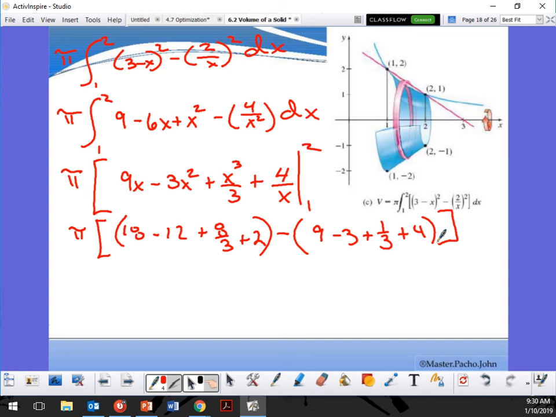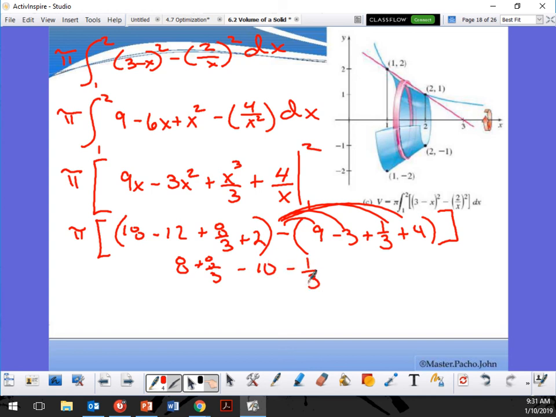As I distribute the negative, I'm going to change all those signs. Actually, let's combine it first. Positive 6, positive 8, and that's going to become positive 6, positive 10, negative 10, and that's going to be minus 1 over 3.